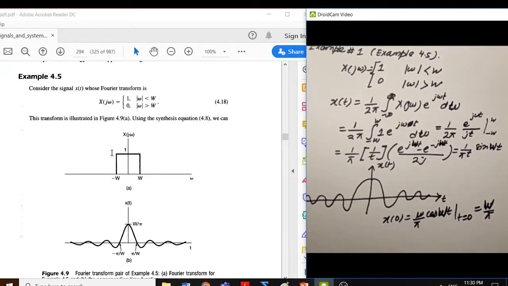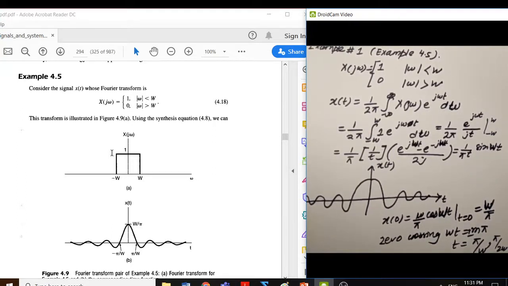Where are the zero crossings? When the argument W t is equal to plus minus m pi. So the first crossing is at pi by W, the second is at 2 pi by W, and so forth. So now let's label the plot.